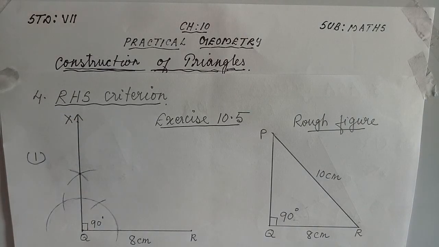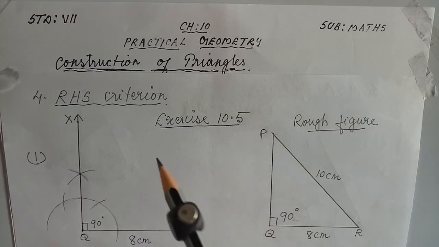Now, what's the next step? With center R and radius 10 cm, draw an arc to cut this QX at the point P. So keep at the point R, this point. Then in your compass you have to measure 10 cm. Then draw an arc with center R so that it will cut the ray QX at the point P. See, this is 10 cm taken.